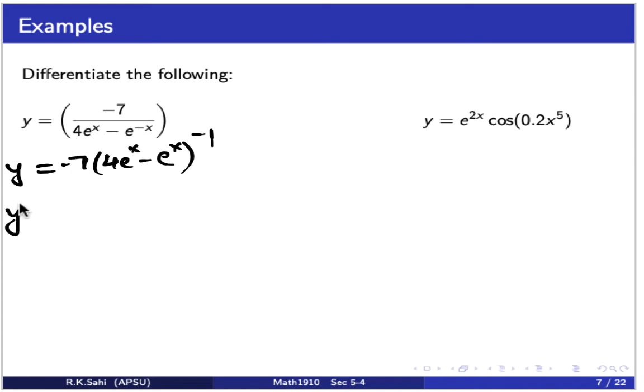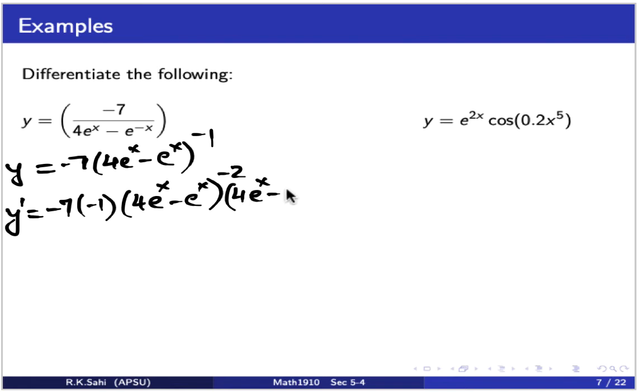Okay, so y prime is what? Negative 7, and the negative 1 comes out. Inside is 4 e to the power x minus e to the power minus x, to the power minus 1 minus 1, which is minus 2, times the differential of the inside function, which is 4e to the power x minus e to the power minus x. Okay, so what do we get? 7 times 4 e to the power x minus e to the power minus x, squared.